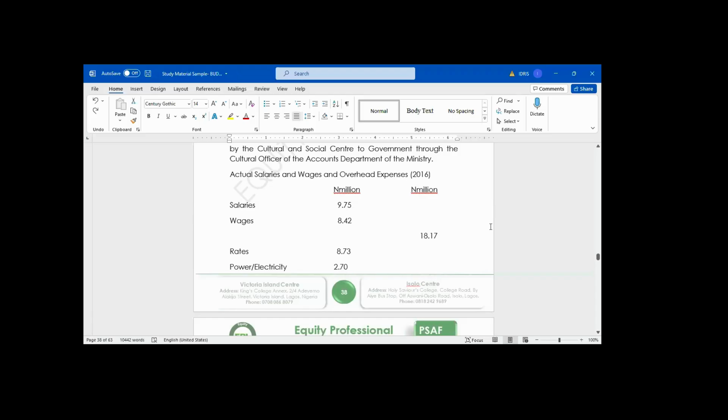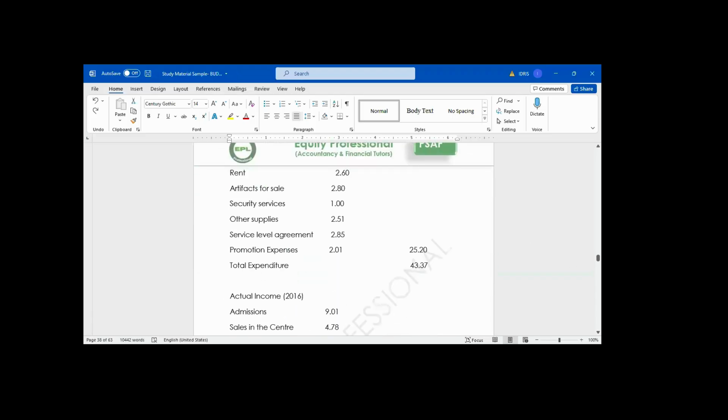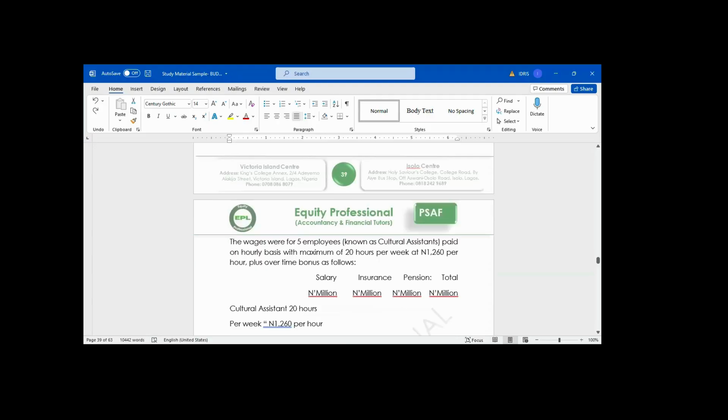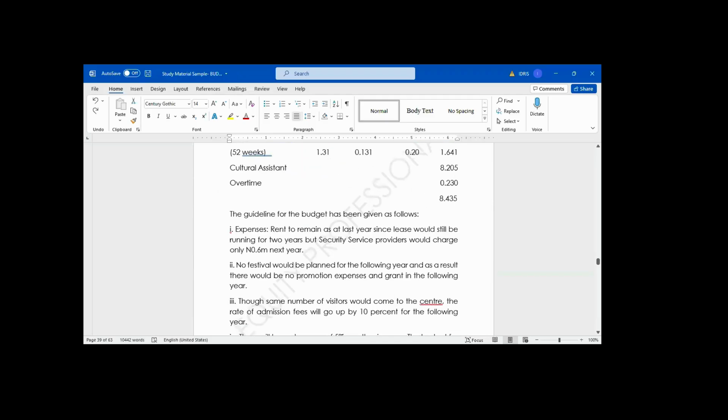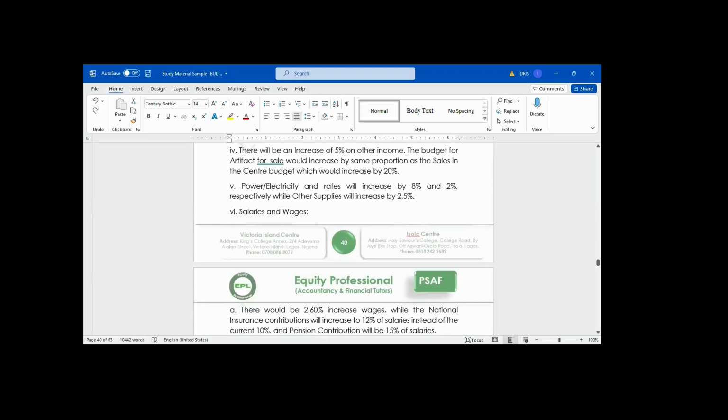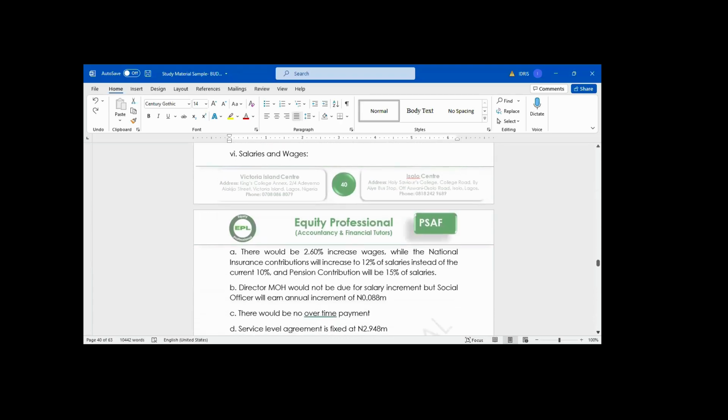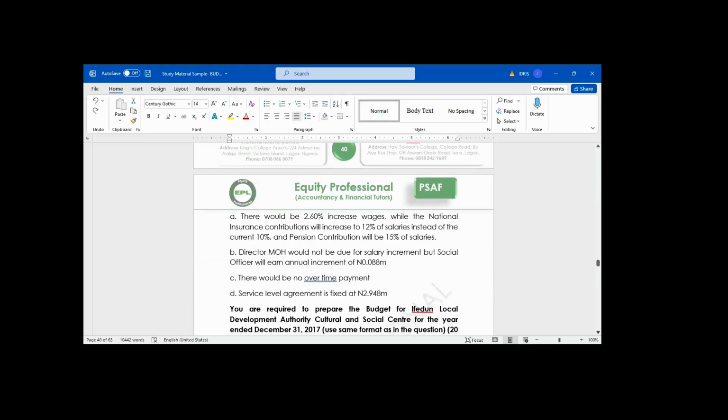Now, you will go to the note, the guideline of the budget. What is the note given to us regarding the rate? What will make the rate change? Which notes affect the rate?